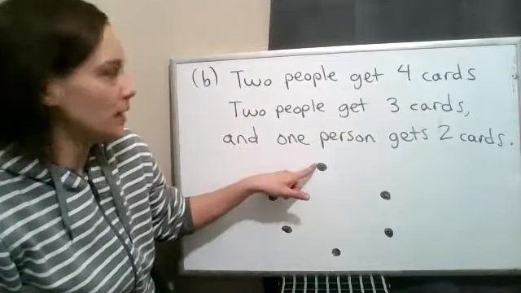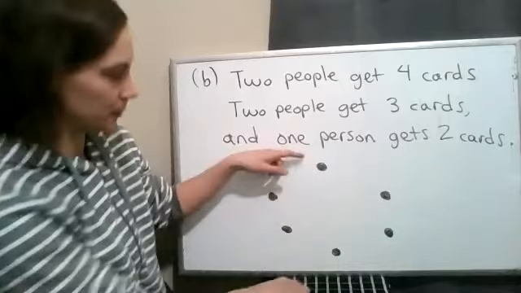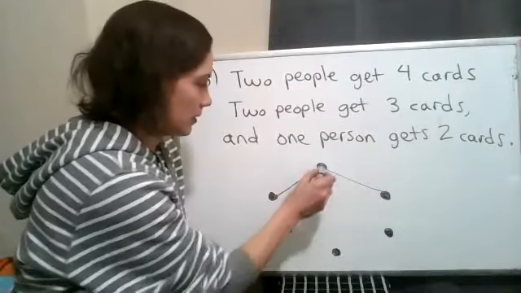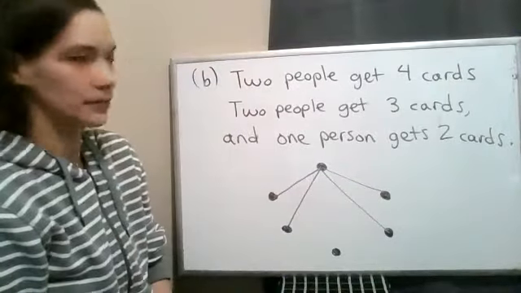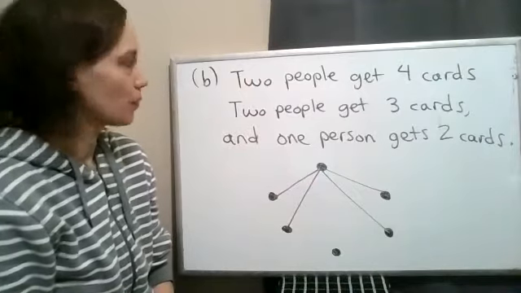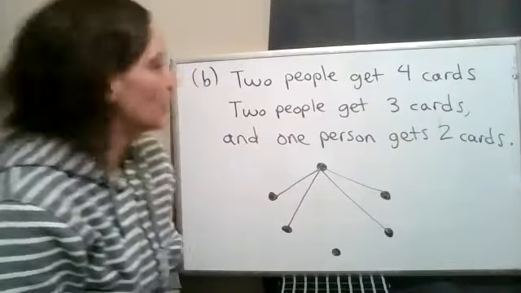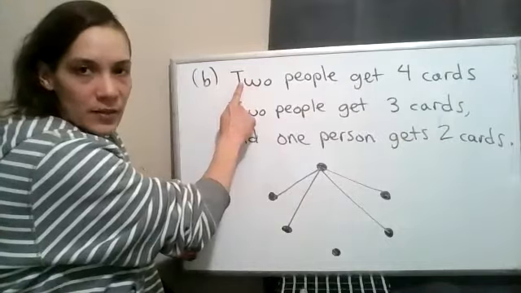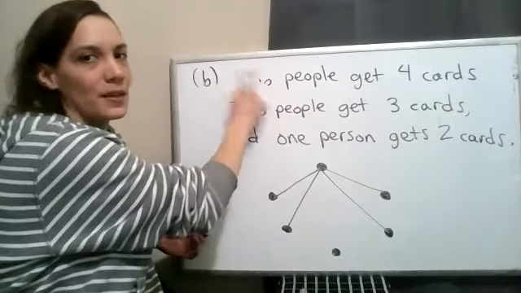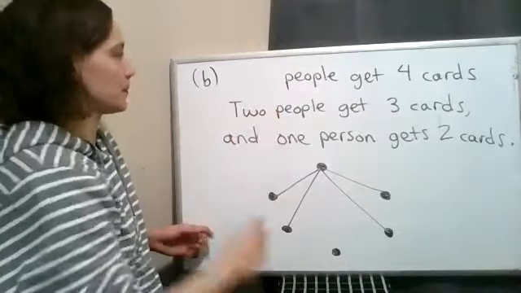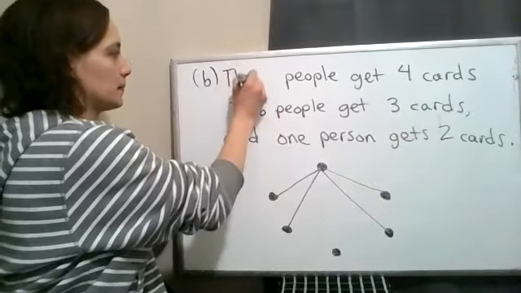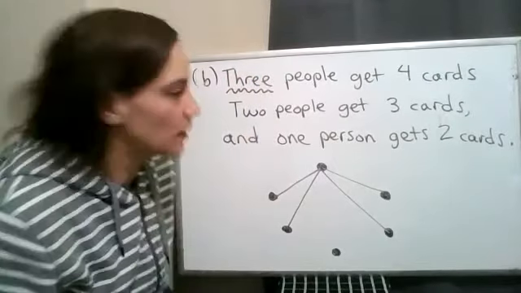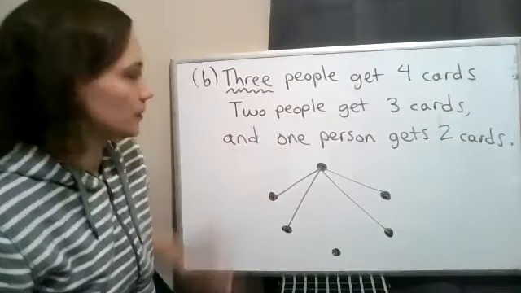So I started with this person and had them collect 4 cards. We went 1, 2, 3, 4. Oh, actually, I misread the problem. This part is the number 3. There are 3 people who get 4 cards. 3 with 4, 2 with 3, 1 gets 2.